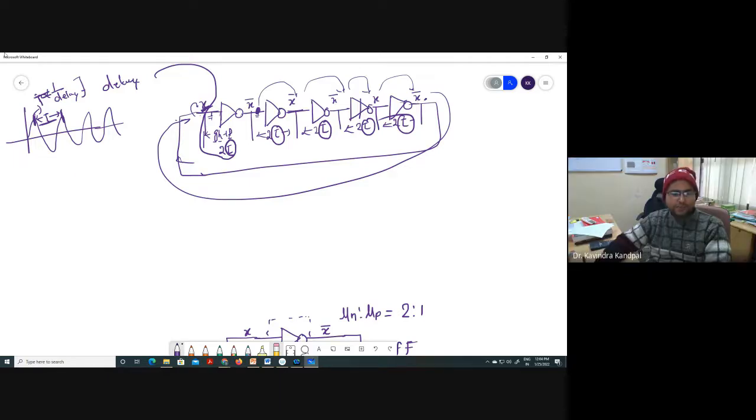So technically, if you make a setup using a CMOS ring oscillator, you need to measure the frequency, or in other words the time period of this oscillation. Once you measure the time period, you get the delay, and that will also give you the value of tau. That tau is the technology dependent unit which I am talking about.